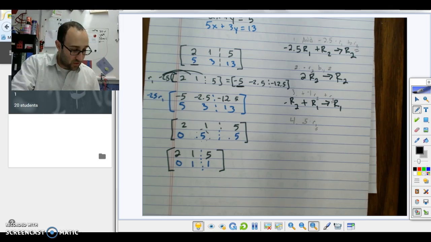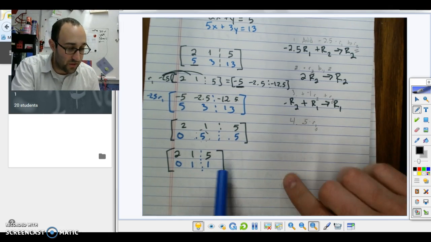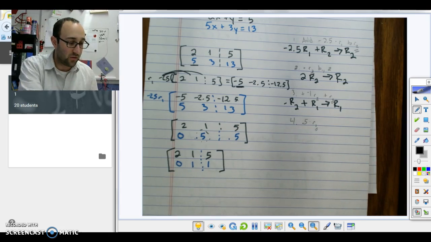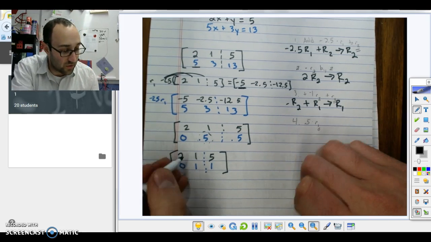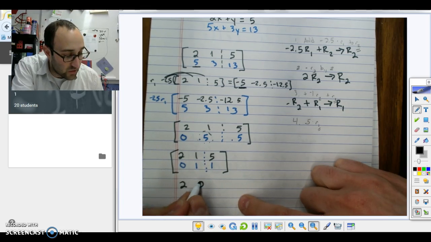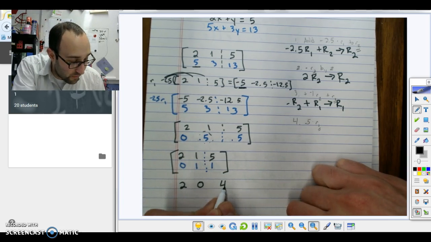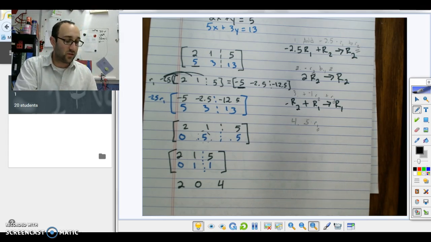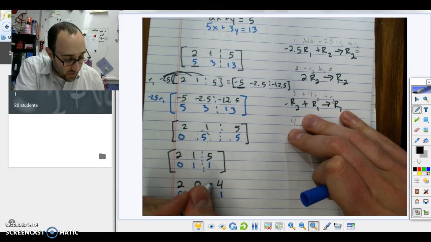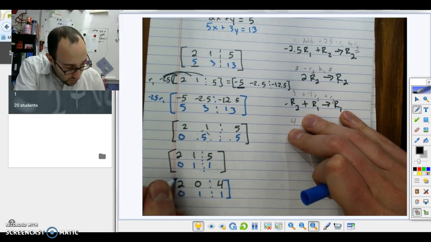Let's do that. In this case I'm just going to subtract, since multiplying by negative 1 is the same deal. So 2 minus 0 is 2, 1 minus 1 is 0, 5 minus 1 is 4, and then I still have 0, 1, and 1. And then we've got that.